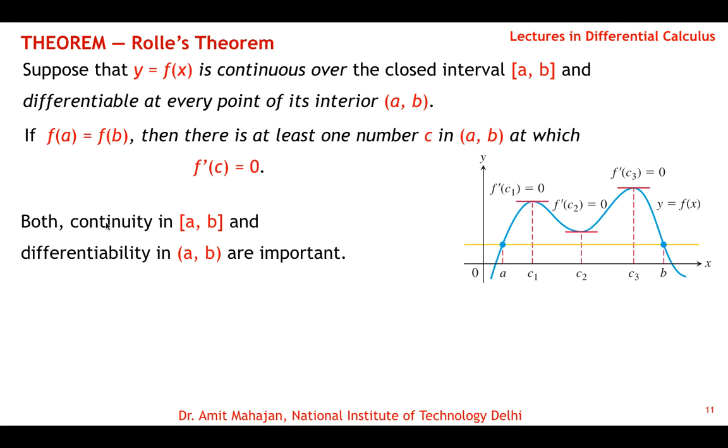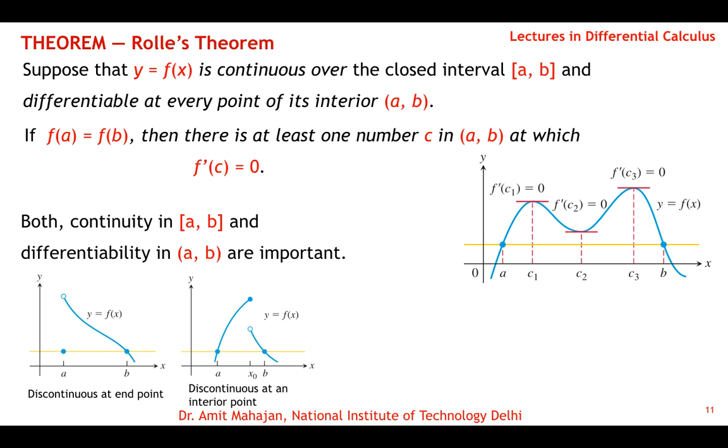As a counterexample, say there is a discontinuity at the endpoint a, where the function is not continuous. Then you can see that even if the function value at a and at b are the same, there is no point inside where the slope is horizontal. So continuity at endpoints is important.